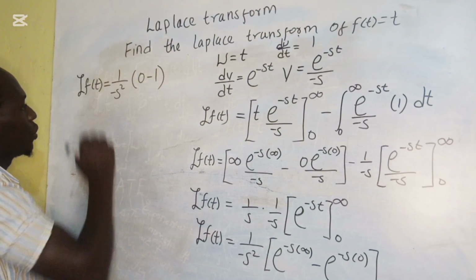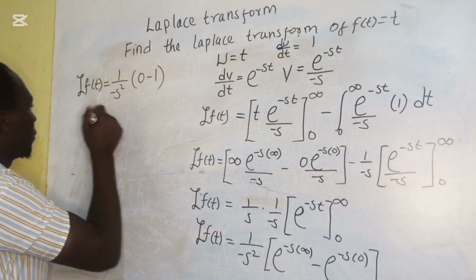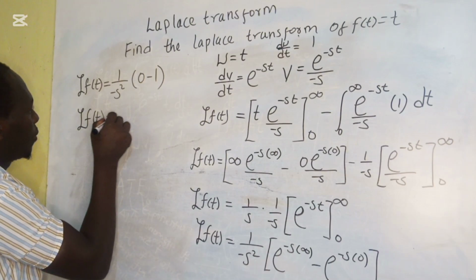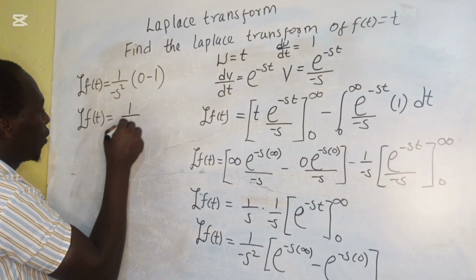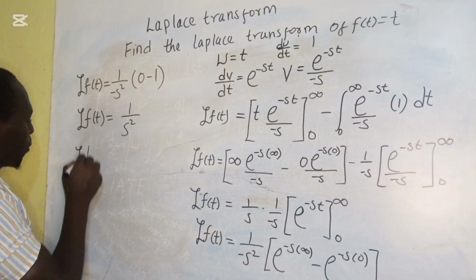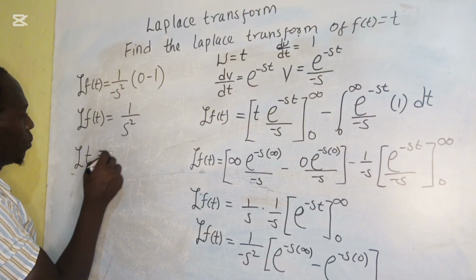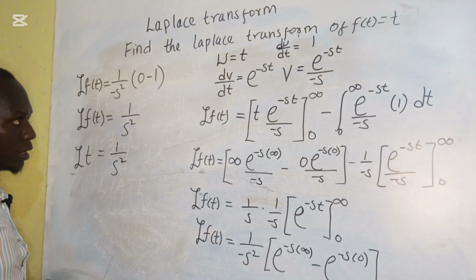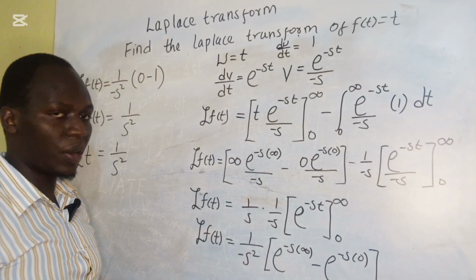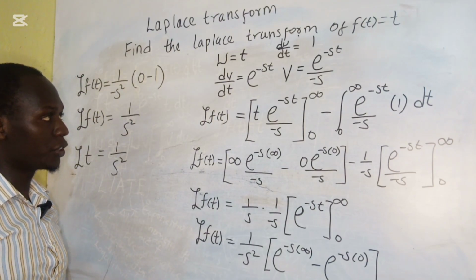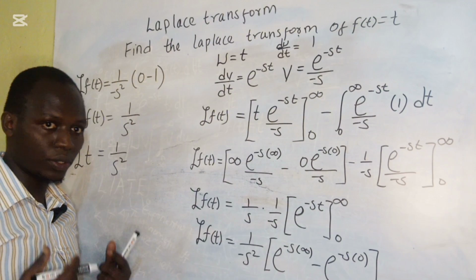This negative is going to affect whatever we are having there, and we can now have the Laplace transform of our function f of t equal to 1 all over s squared. This means that the Laplace transform of our function t is equal to 1 all over s squared. And this is how you go about finding the Laplace transform of our function f of t equal to t.